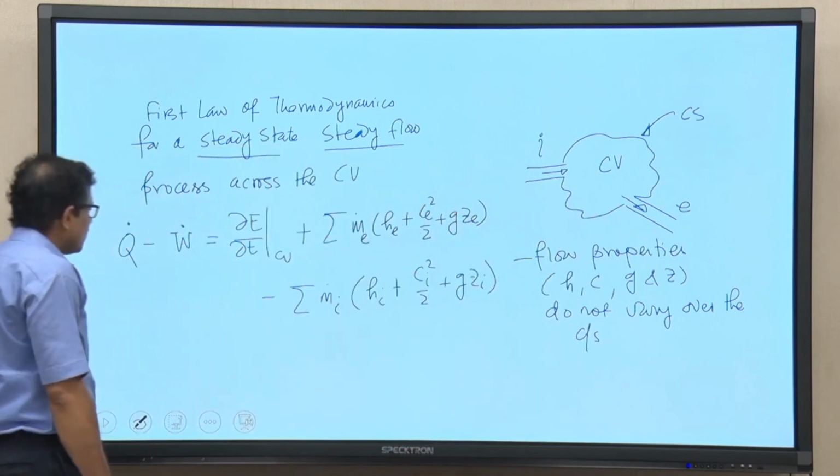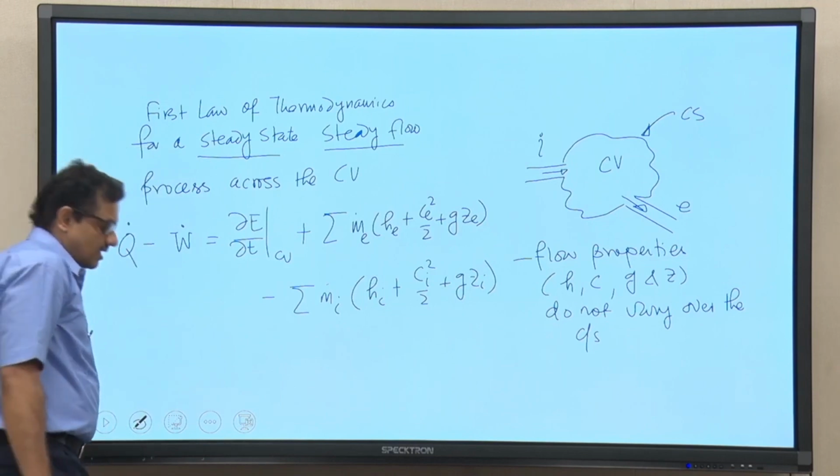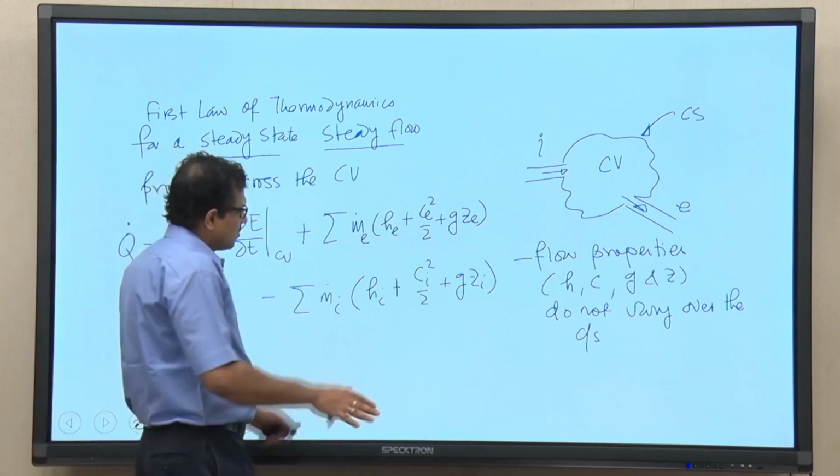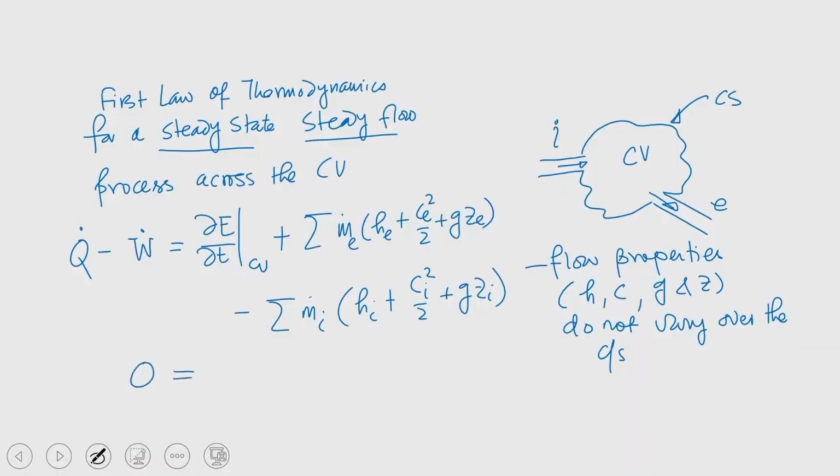Okay. So, together with this, we also can write the mass balance equation. The mass balance equation, as you have seen in the last class, is dm CV by dt plus m dot E minus m dot I. So, this is mass balance and this is the equation for the energy balance.